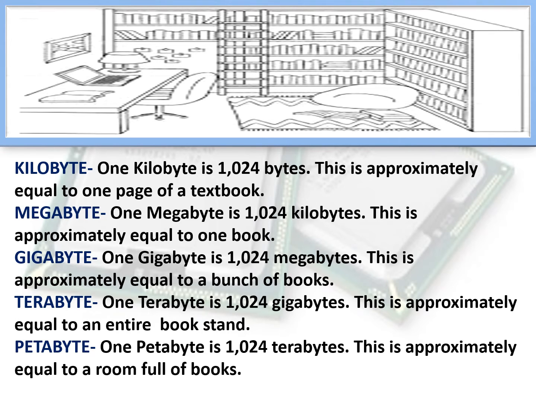Terabyte, 1 terabyte is equal to 1024 gigabytes. This is approximately equal to an entire book stand. Suppose there are various book stands, it will equal an entire book stand. Petabyte, 1 petabyte is equal to 1024 terabytes, and it is approximately equal to a room full of books, as you can see in the picture.